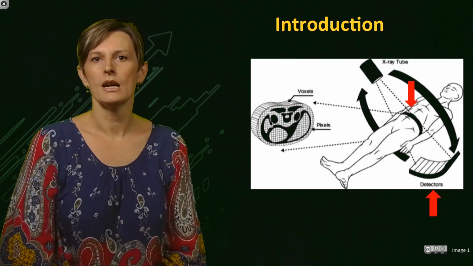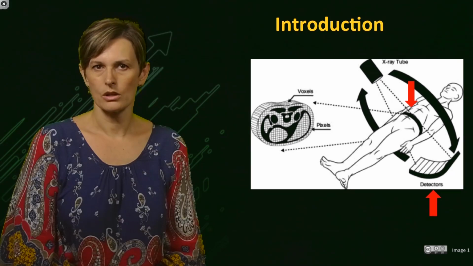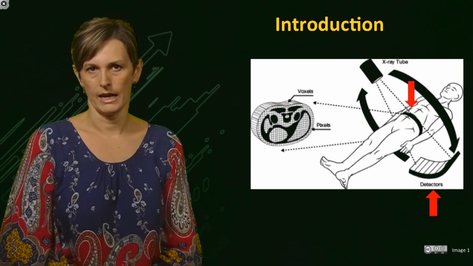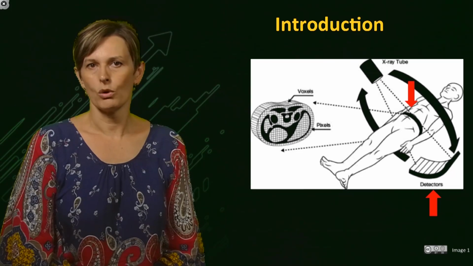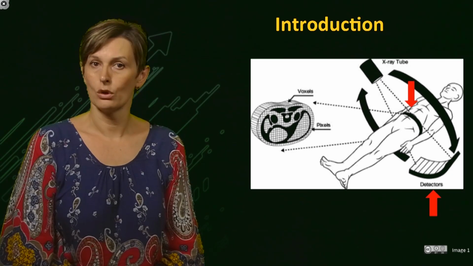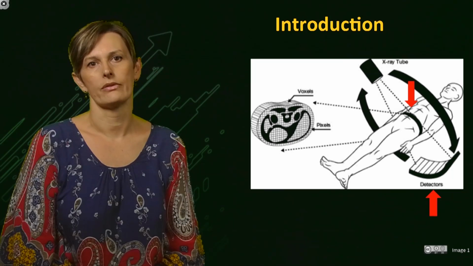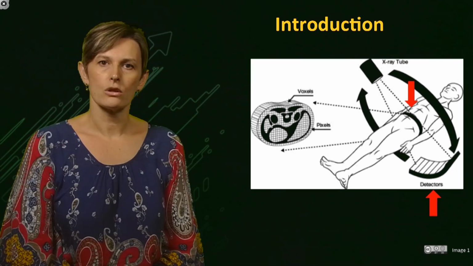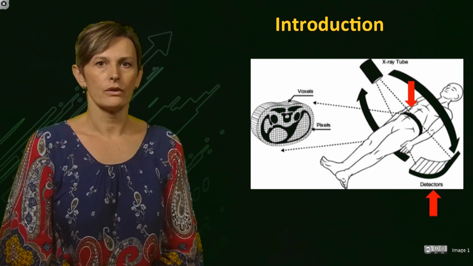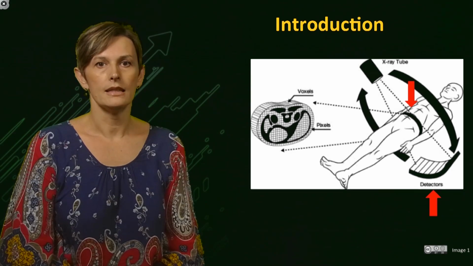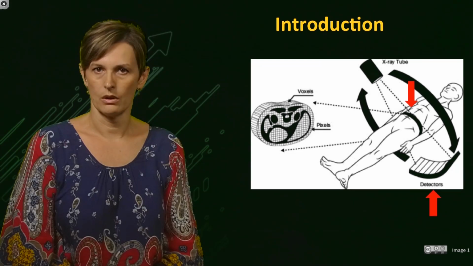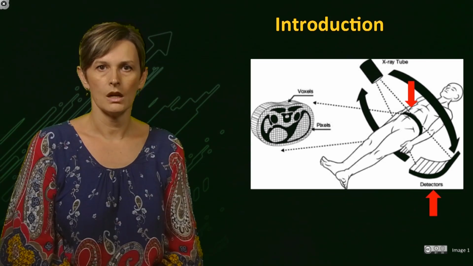The X-ray tube and the X-ray detectors rotate around the patient bed. The detector here plays the same role as a photographic film in conventional X-ray radiography. You might remember that every part of the body attenuates X-ray radiation differently depending on the density of the organs and tissues.